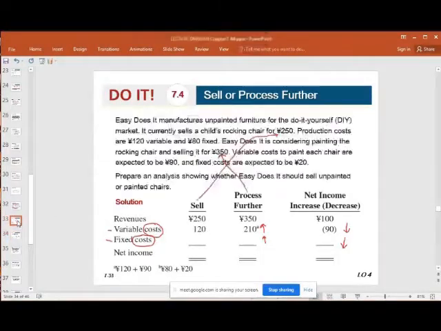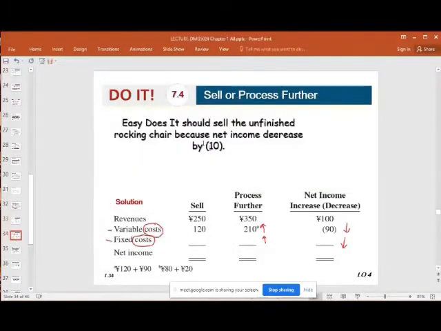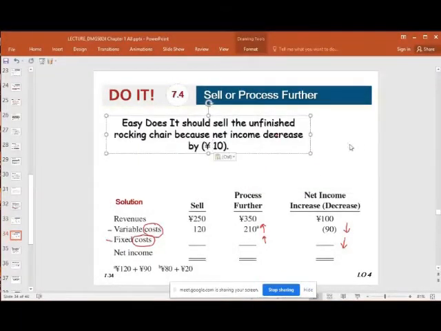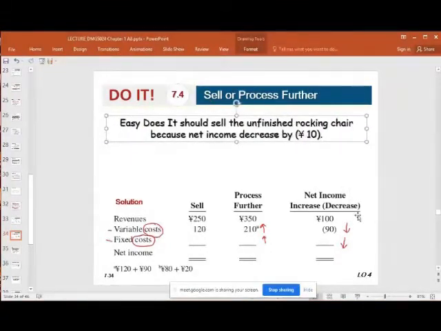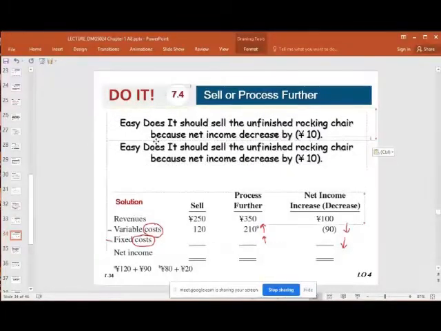Let me see whether I can get the symbol. Yes. Okay, 10. So this will be your decision. Or another one, remember just now, we mentioned there's another way to write your decision.